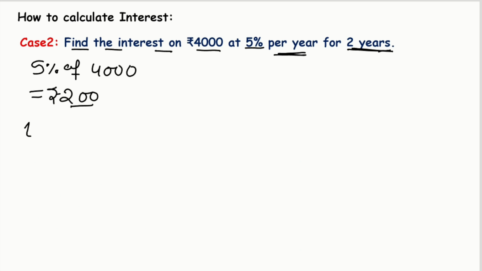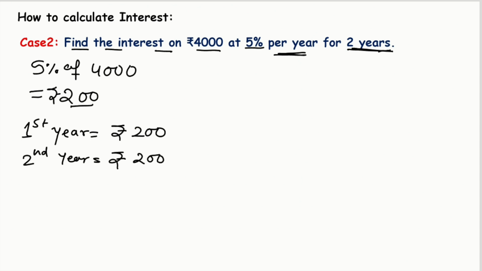So, for first year, he has to pay rupees 200. And for second year, he has to pay rupees 200 again. So altogether, how much interest he has to pay? 200 plus 200, which is 2 times 200 rupees. He has to pay extra.